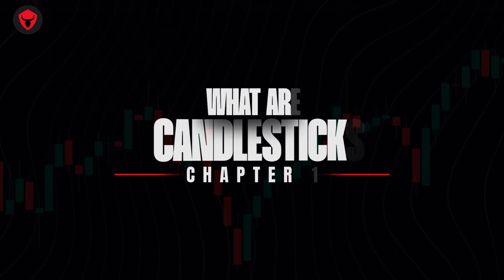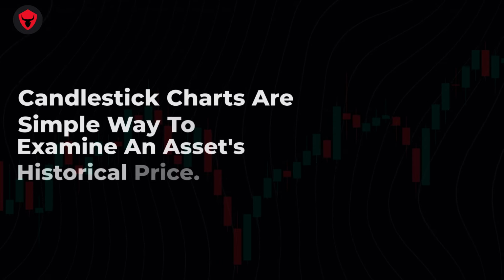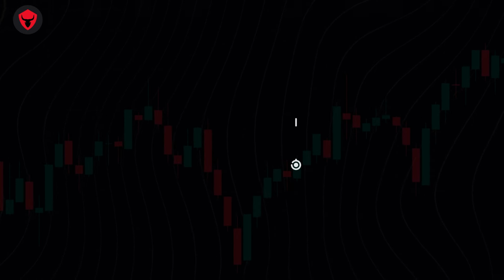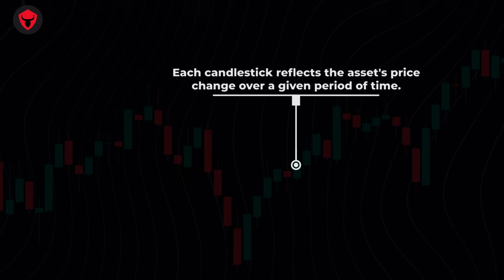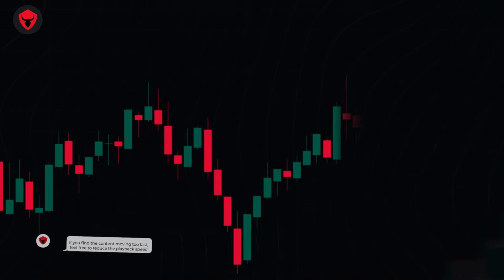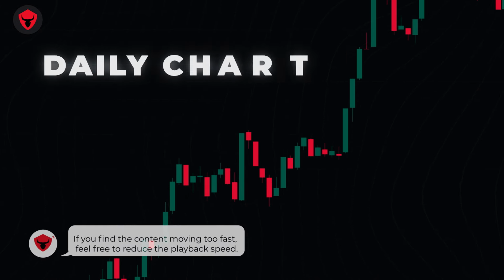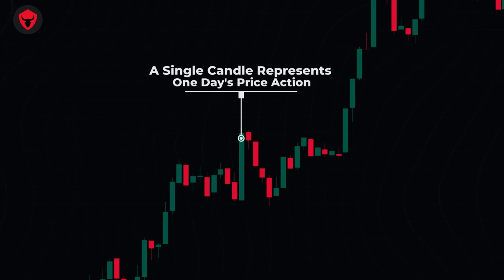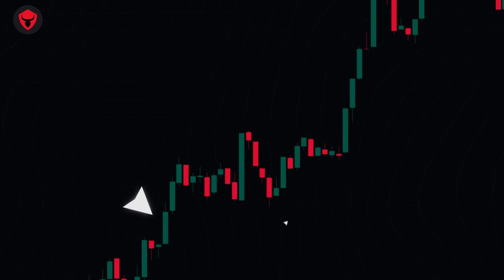What are candlesticks? Candlestick charts are a simple way to examine an asset's historical price. Each candlestick reflects the asset's price change over a given period of time. For example, on a daily chart, a single candle represents one day's price action. On the chart, we see two sorts of candles, green and red.